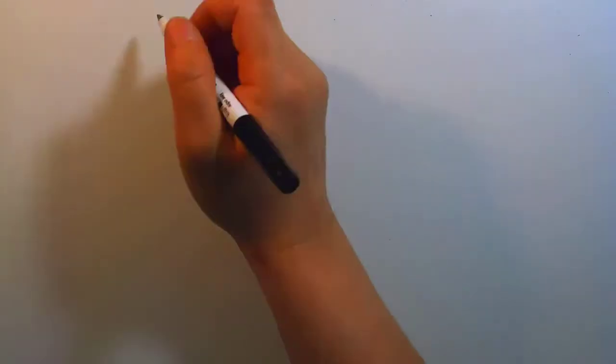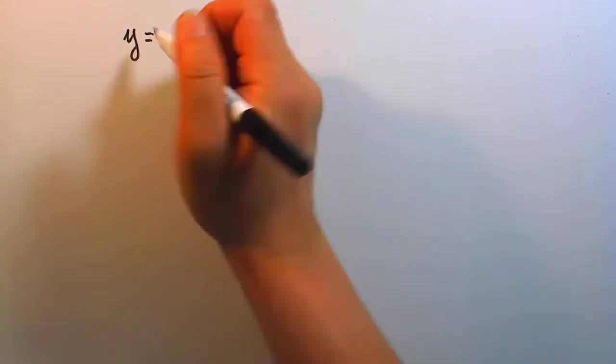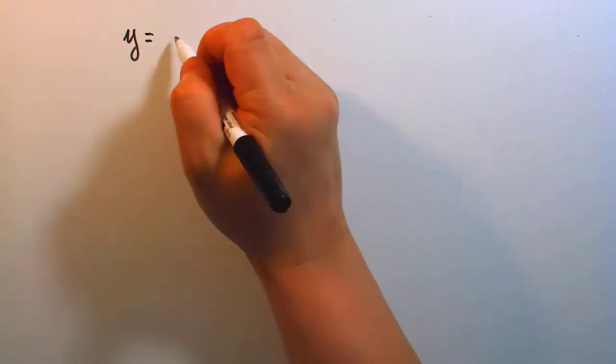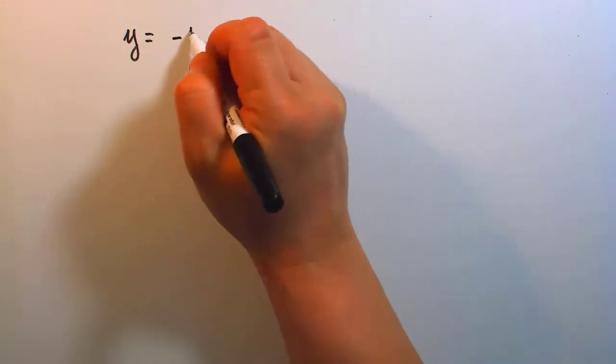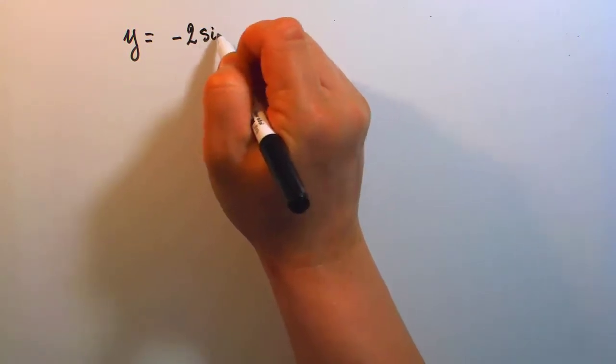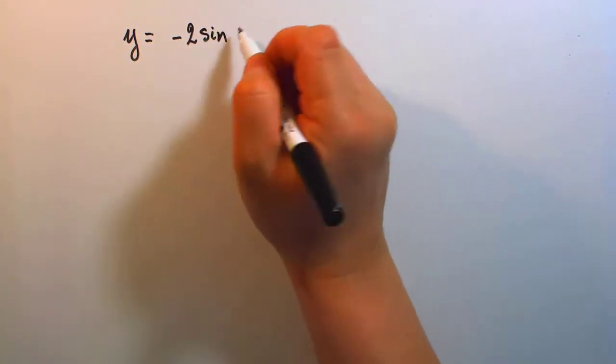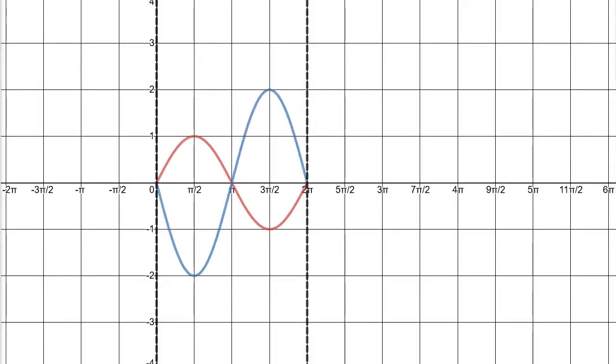What if we put a negative coefficient in front of our sine function? Let's say -2 times sine of x. And here's our blue version.